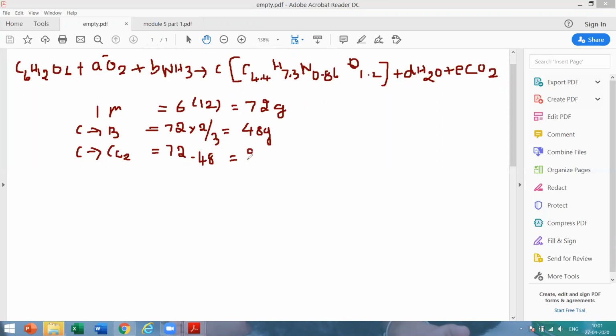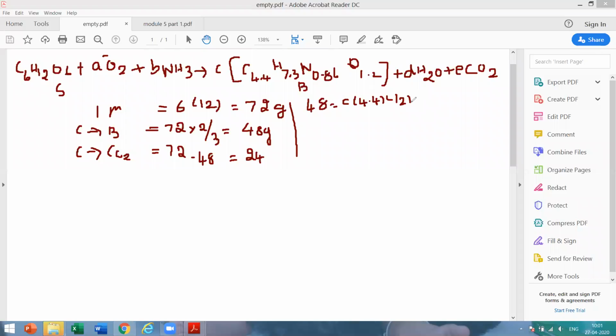Now this carbon we should equate to the equation. The amount of carbon in biomass is 48. So here this is substrate and this is biomass. So 48 is equal to C into 4.4 into 12.